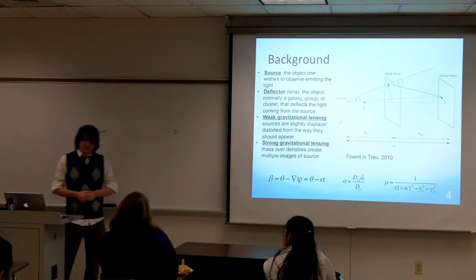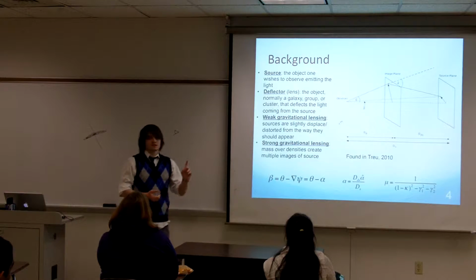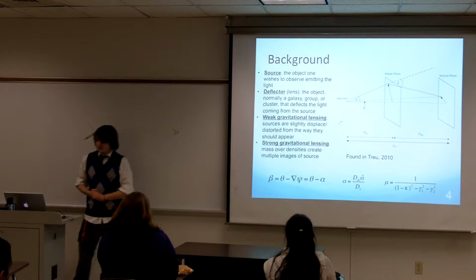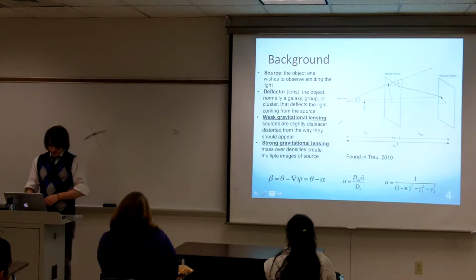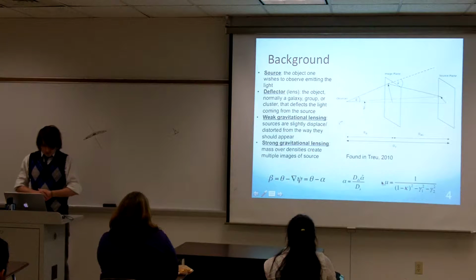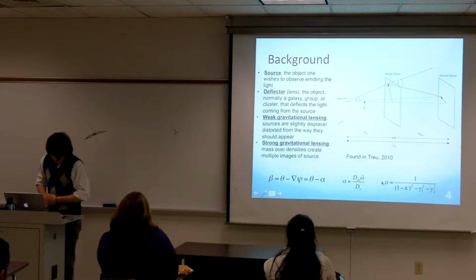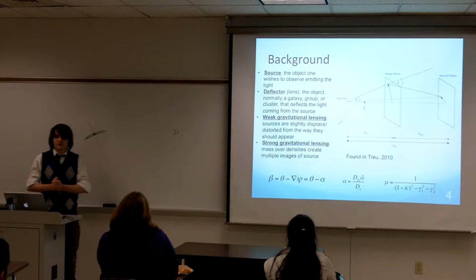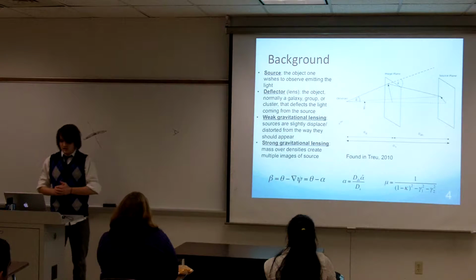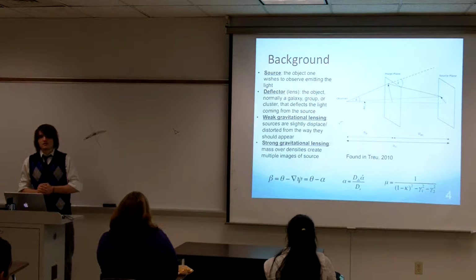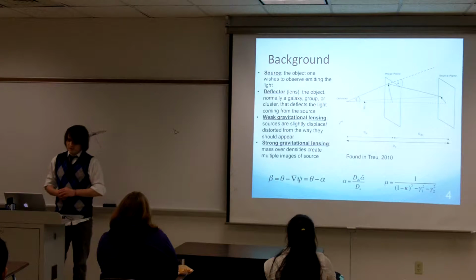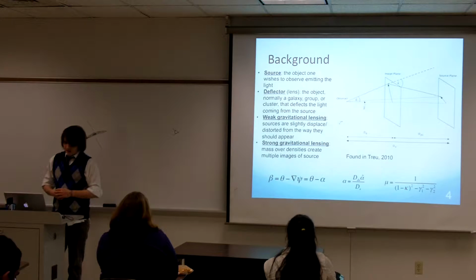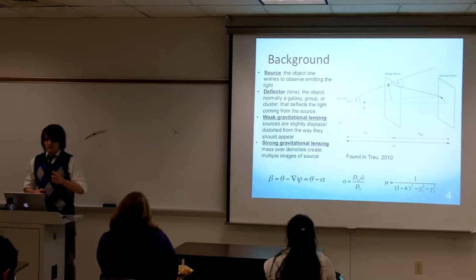And then I also have this mu, which is the magnification, which for a local point source is just the determinant of the magnification tensor, which you see right there. And gammas are shearing parameters, and kappa is the projected surface mass density.